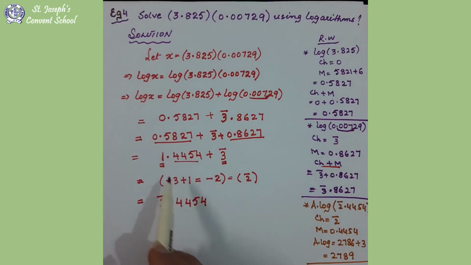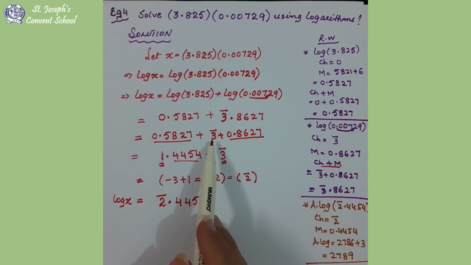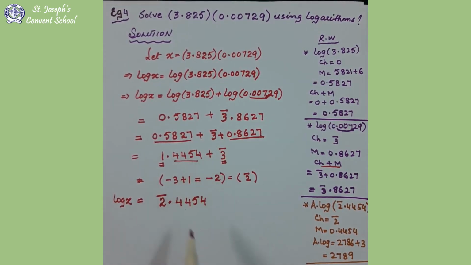So this minus 2 is bar 2. Bar 2.4454 will come instead of this. So this is log x. You will do this in the bar question. Break the term into characteristic plus mantissa and solve it.